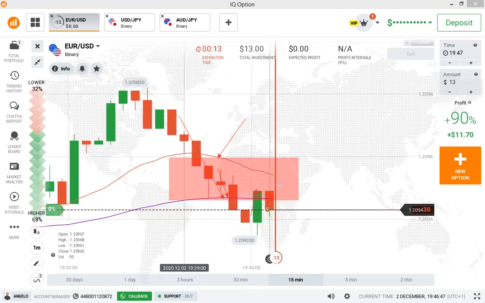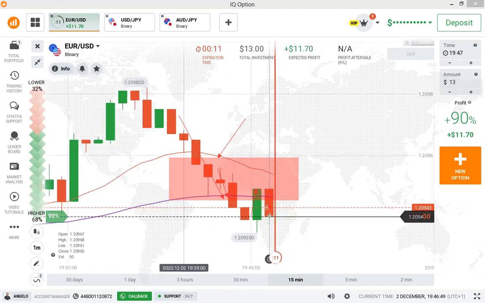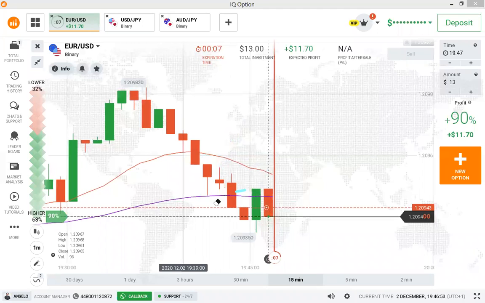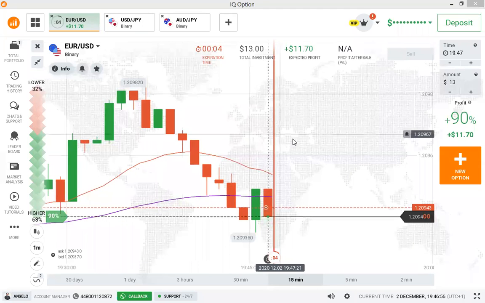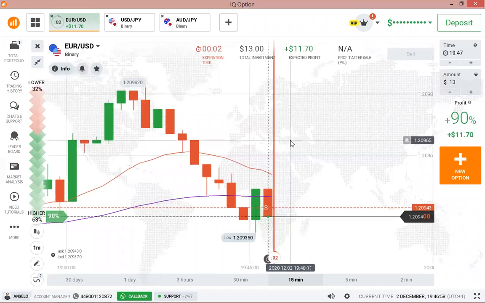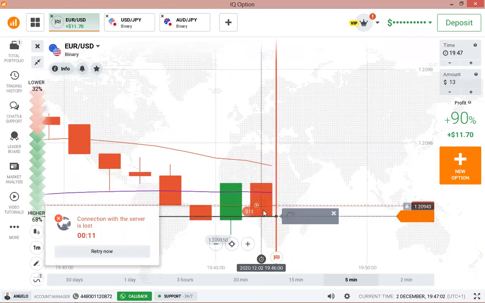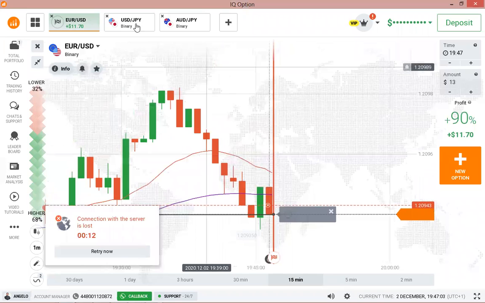Now when buyers come to this level, sellers must enter. So that is why I placed the put option. I entered the trade late, but I know the market will still go down. That is why I took the trade.